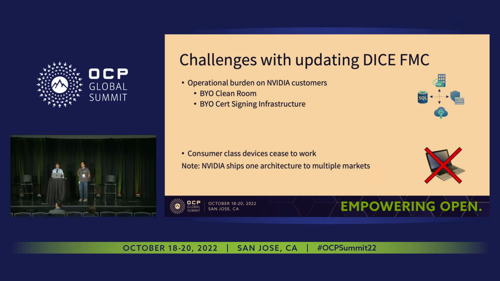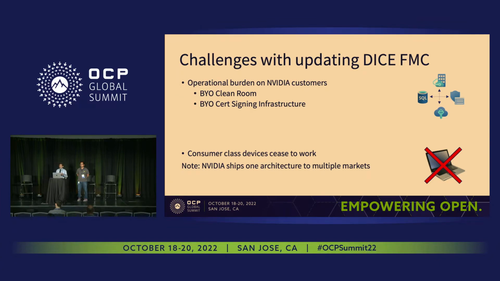They may have a clean room, they have a PKI infrastructure, they have HSM services, they may have a database that holds device unique data, which I'll explain the requirement for in one of the upcoming slides. And all of that can be put together to support the need to change the FMC in the field. Note that even if it is changed, it would at this point in time be tied to the customer PKI, not the NVIDIA root CA.